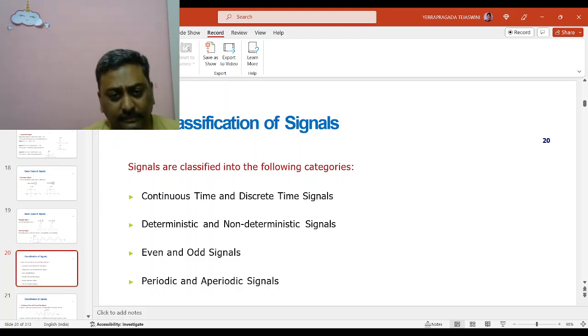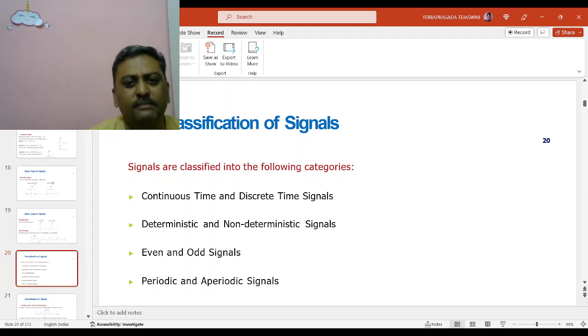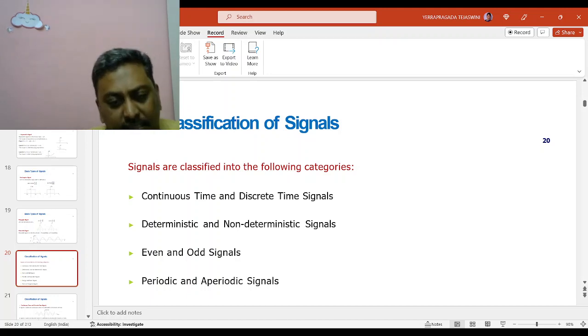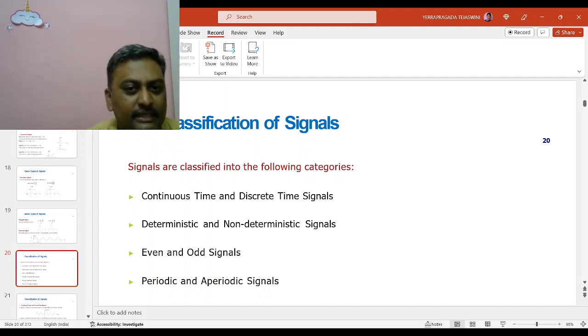Till now we have seen different types of signals. Now let us see the classification of signals, how the signals are classified into different categories: continuous time signal, discrete time signal, deterministic and non-deterministic signals, even and odd signals, and periodic and aperiodic signals. Continuous time and discrete time signals we had already seen in the first few slides, where an analog signal would have continuous values and a discrete time signal would have values at particular instants.